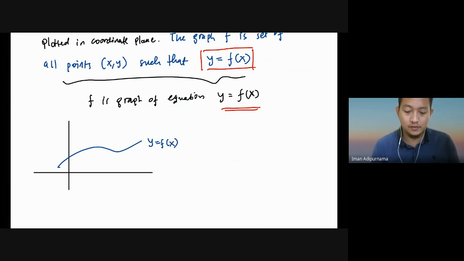Because if you don't define it at the very beginning, you will mix it up with just a regular equation or regular formula, algebraic expressions, without mentioning that this is a function. That's a different concept.